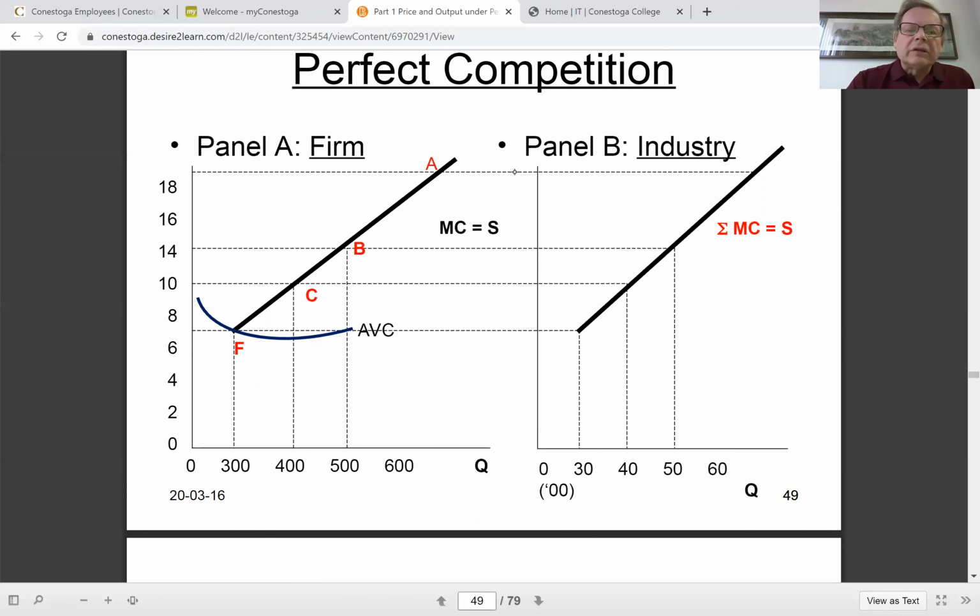You take the horizontal summation of all the firms in the industry, and you will get the industry supply curve, which is over and above the average variable cost curve of all the firms in the industry. This Greek symbol sigma represents the summation, which means the addition of all of the marginal cost curves would be equal to the supply curve. So the summation of all the marginal cost curves in the industry is equal to the supply curve.